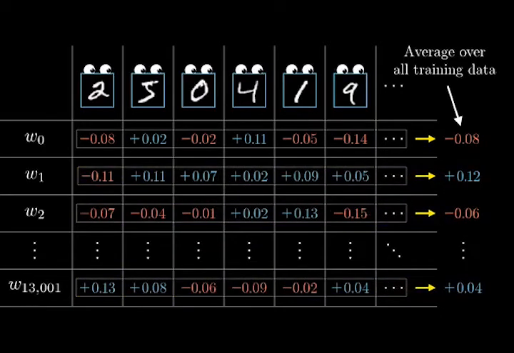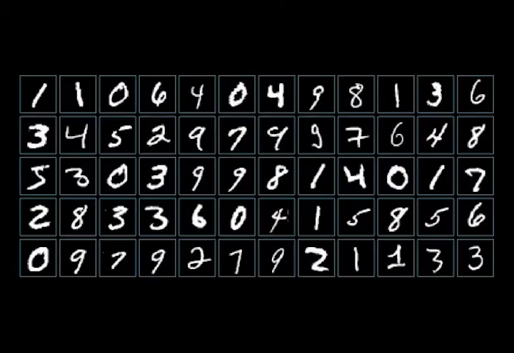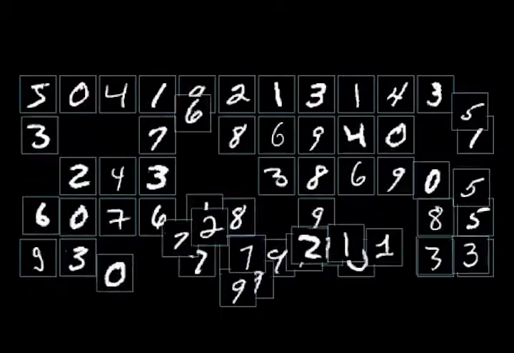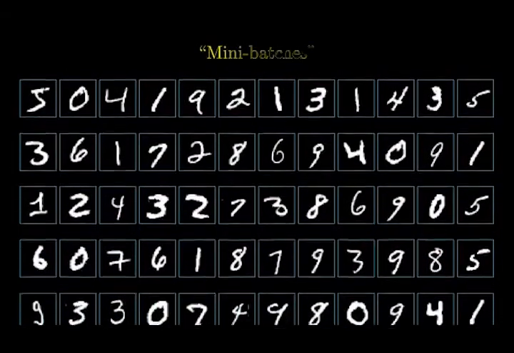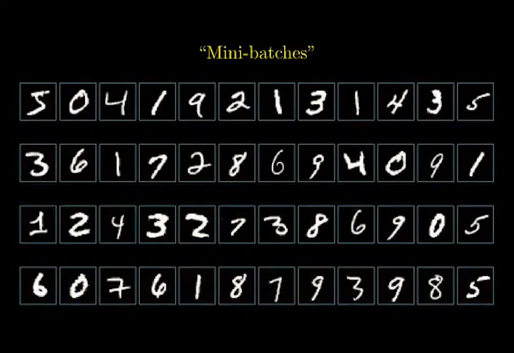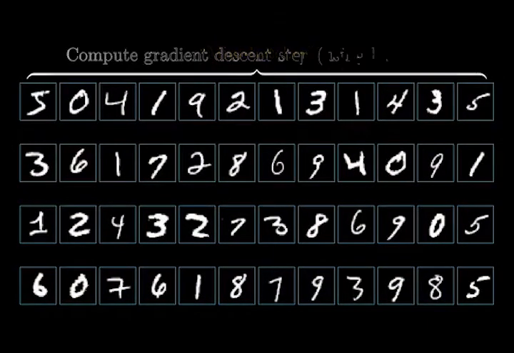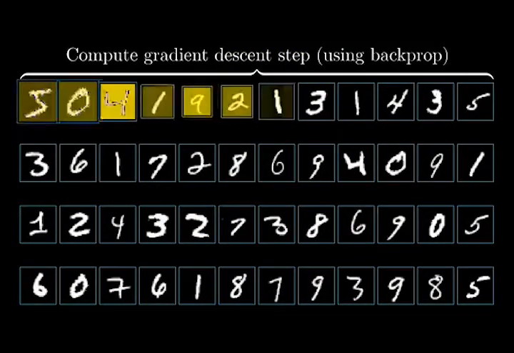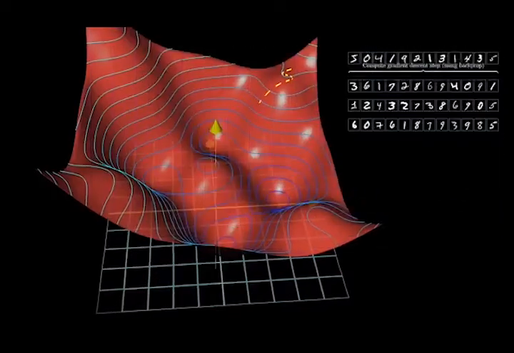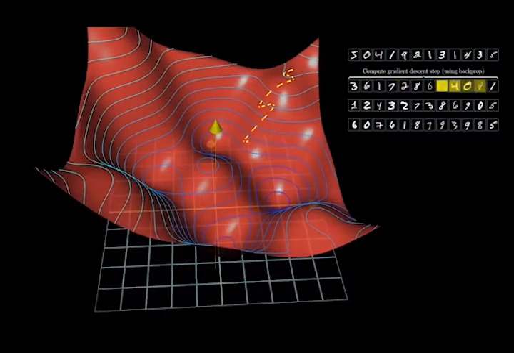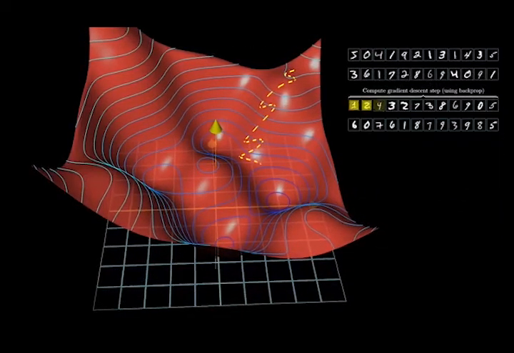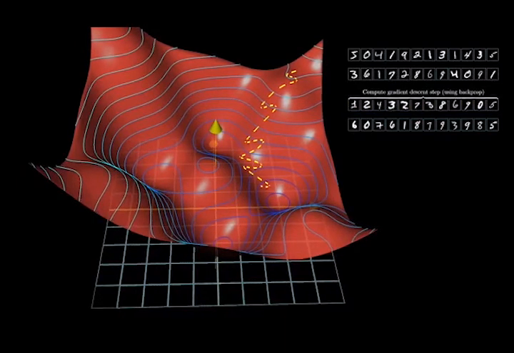But that's computationally slow, so instead you randomly subdivide the data into these mini batches and compute each step with respect to a mini batch. Repeatedly going through all of the mini batches and making these adjustments, you will converge towards a local minimum of the cost function, which is to say your network is going to end up doing a really good job on the training examples.